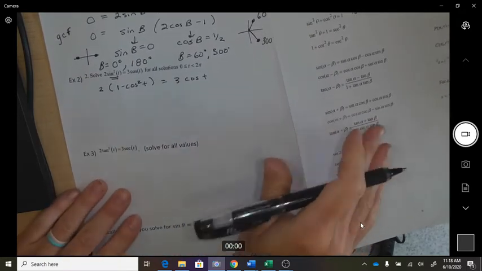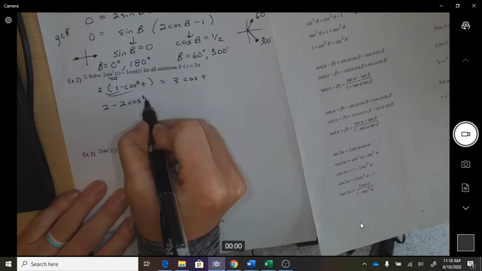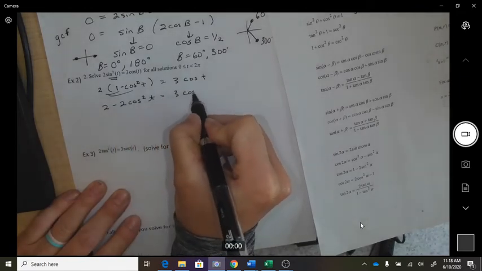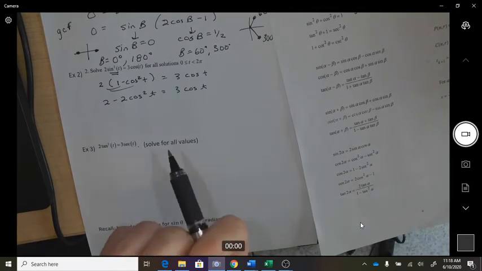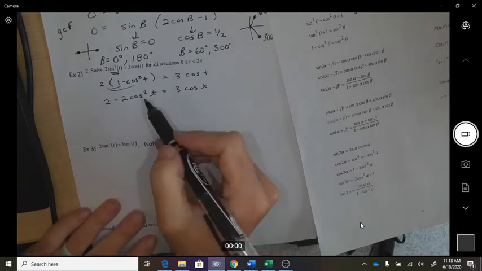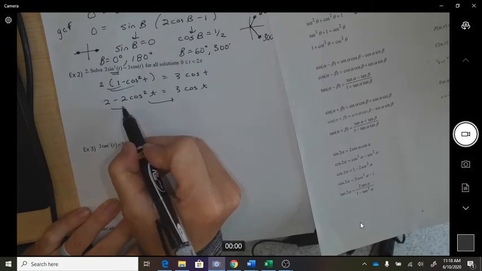Okay, so now I'm going to distribute. And again, I would like to collect one side, make it a quadratic, factor, solve. I'm going to move everything this way because when I factor, I like my squares positive.